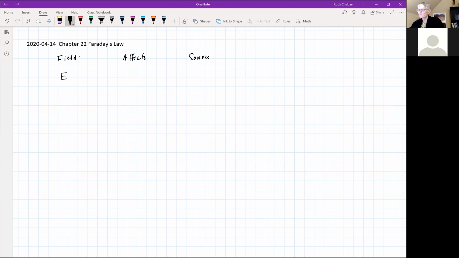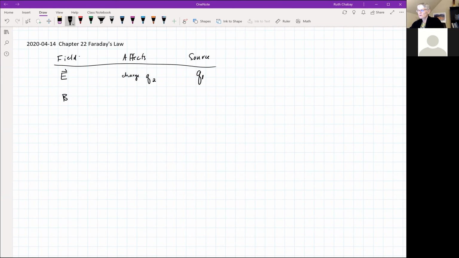So we have electric fields. It affects a charge, some other charge Q2, and the source is some charge Q1, which can be stationary or moving slowly.